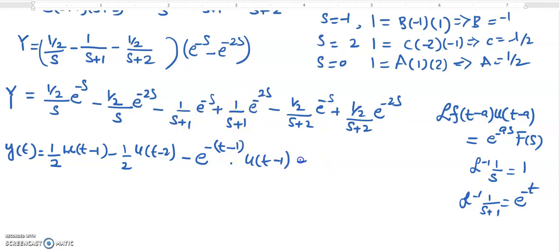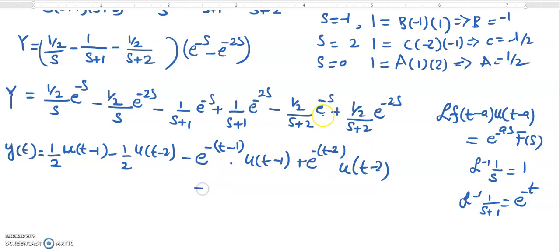For this term it is plus e power minus (t minus 2), because it should be t minus a, minus e power minus (t minus 2) times u of t minus 2.